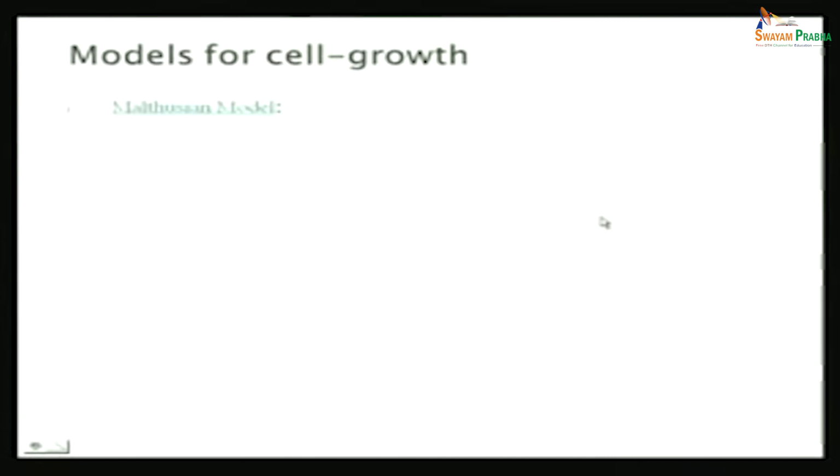So there are several models for evaluating this mu, the specific growth rate, and I'll go through these models one by one, and I may not finish in this lecture, but let's see. The first model that we look at is known as the Malthusian model, M-A-L-T-H-U-S-I-A-N. This model assumes that Rx is mu times x, and x is x naught e to the power mu (t minus t lag), and this model assumes that mu is a constant.